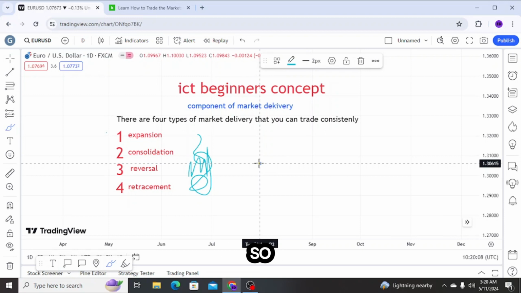So we're going to start with expansion, and I will show you what expansion is and how to identify it, and what consolidation, reversal and retracement are.